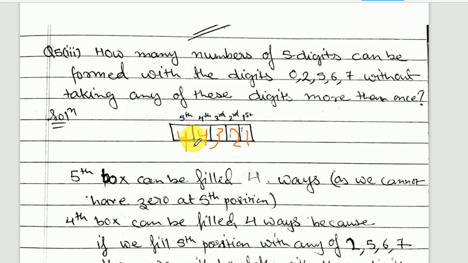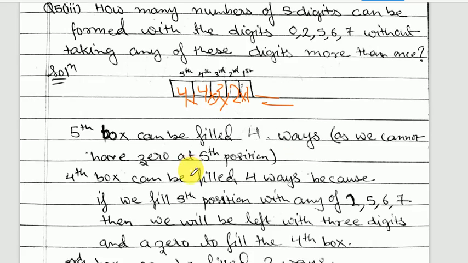So when you multiply this, you get the total possible arrangements, or the total number of 5-digit numbers which can be formed using 0, 2, 5, 6, 7.